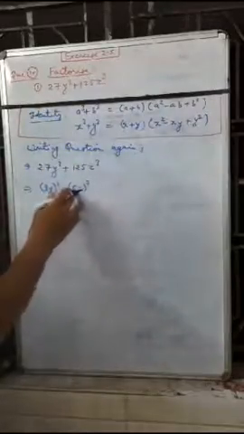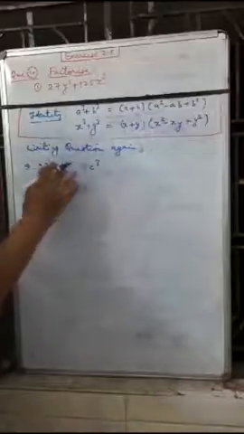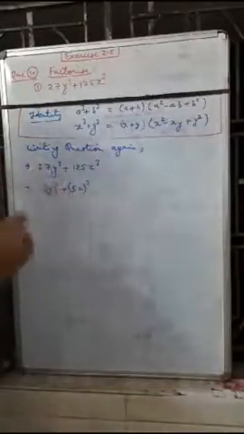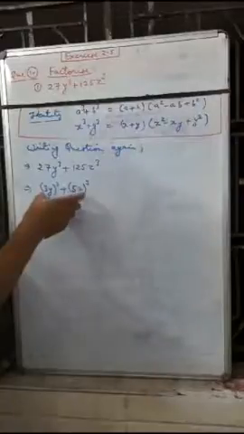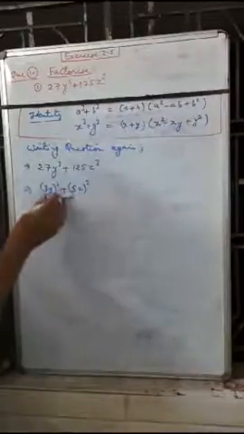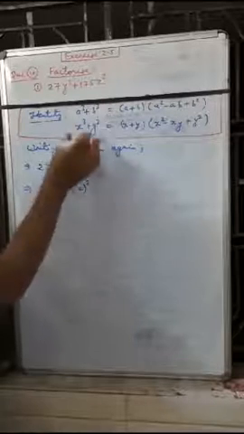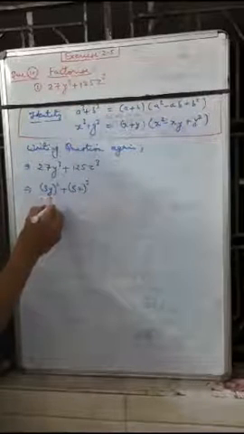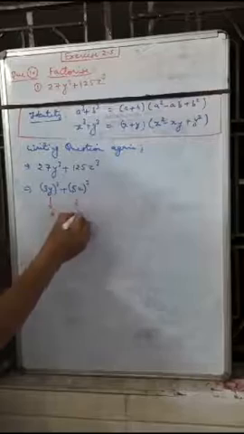Because 5 fives are 25, 25 fives are 125, and 3 threes are 9, 9 threes are 27. So we have to convert this. It is like x cube plus y cube, or we can also write it in the form of a and b. So we have written a and b.